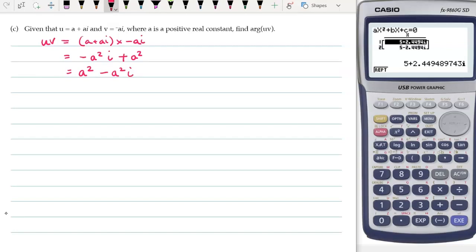Now if we pop that onto an Argand diagram, like so, we would be going in the positive direction by a squared on the x-axis, negative direction by a squared on the y-axis. And so our value is over here, that's where uv is.